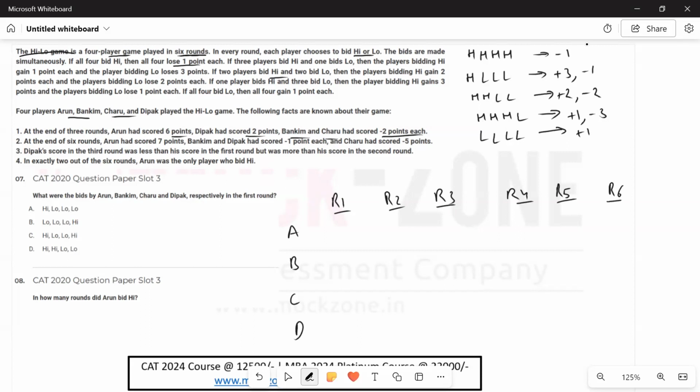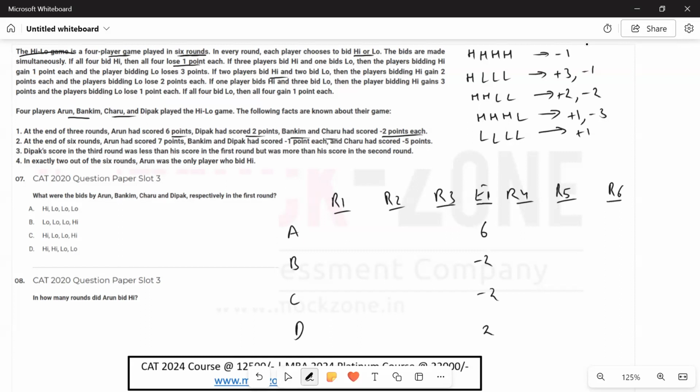The first point says that at the end of round 3, that means we can say point 1, A has 6 points, D has 2 points, and both B and C have -2.